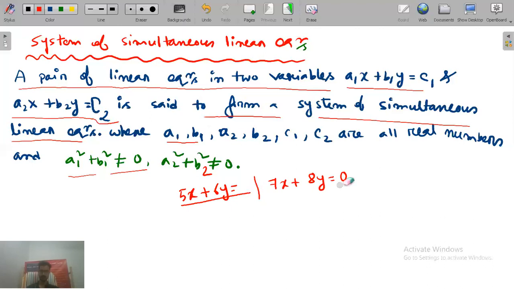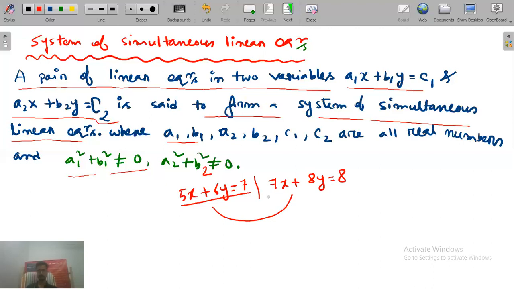So this is in the form of ax plus by equal to c, that is a1x plus b1y equal to c1, a2x plus b2y equal to c2. So these two linear equations are said to be a system of simultaneous linear equations.